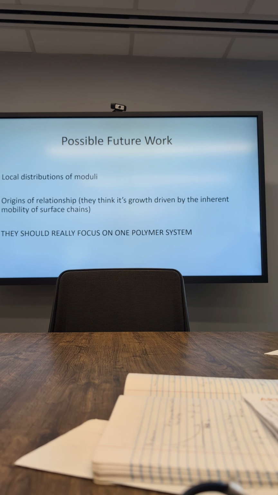They want to know the origin of this relationship and whether it's driven by the inherent mobility of surface chains. But I really do think that for future work, they should focus on one polymer system and try to adjust the substrate temperature, because that way we could directly relate it.